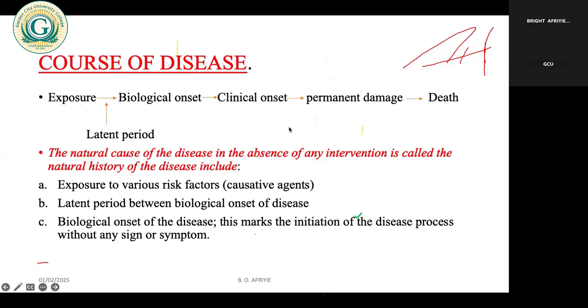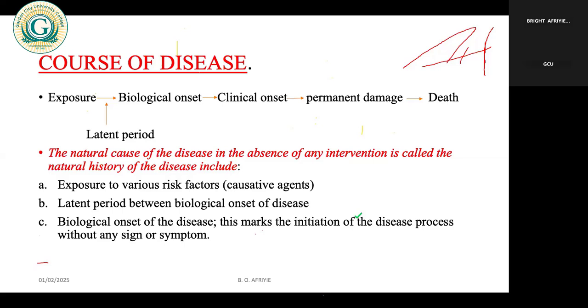Okay. So now let's consider the cause. Remember, this time it's not the CAUSE, but the COURSE of disease. And this one is quite similar to what we discussed earlier on.